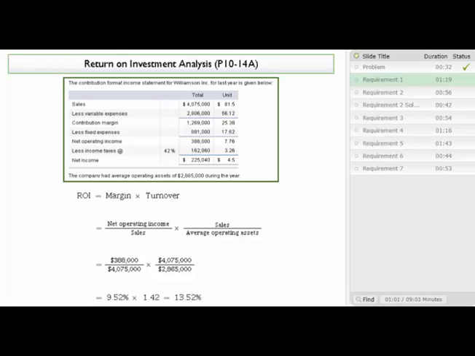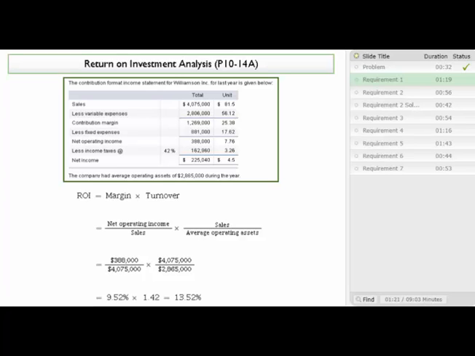Turnover is equal to sales divided by average operating assets. So using the information that's provided, we take the $388,000 of net operating income and we divide it by $4,075,000 of sales. That will give us a margin of 9.52%.